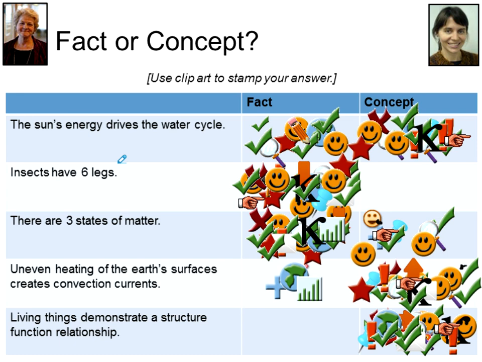We also have people who think that facts kind of grow up to become concepts. And what I'd like to suggest to you all is that a concept is always a concept, but how a student knows about it changes. So if I take again that first one, the sun's energy drives the water cycle, in elementary school, a kid probably just is aware of that.